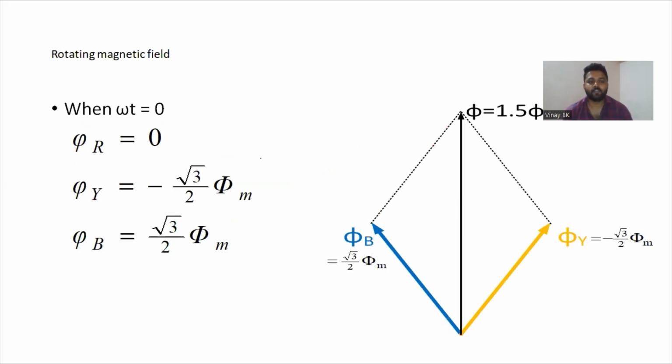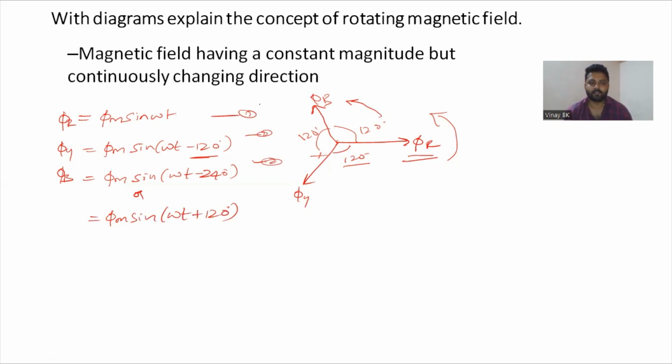For case 1, if theta equals 0, or omega t equals 0 degrees, you need to substitute the value of omega t in these equations. For the first case, phi R equals phi M sine 0, which is 0. Phi Y equals phi M sine of 0 minus 120 degrees, which is sine of minus 120, giving minus root 3 by 2.